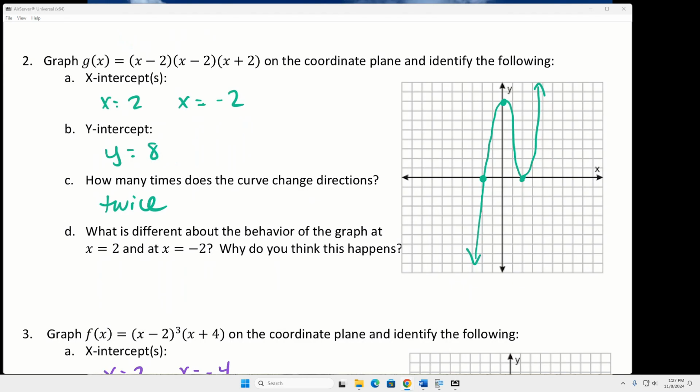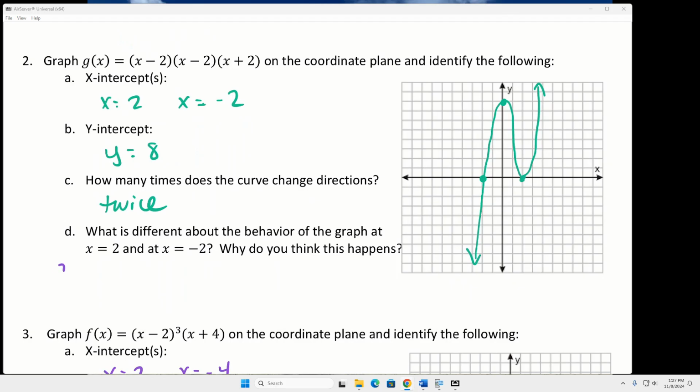How does it touch the axis compared? This compared to this? Right, this one goes through, and this one just bounces at it. It just touches it and goes the other direction. Do you guys remember that from Algebra 2? Talking about bounces? No? That's okay.